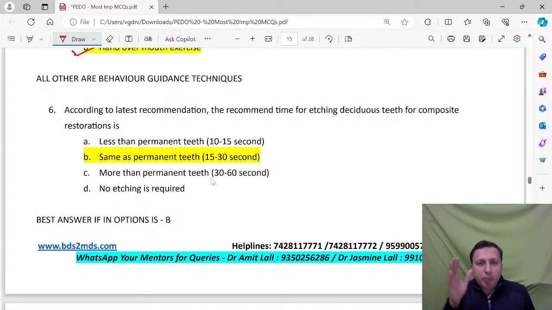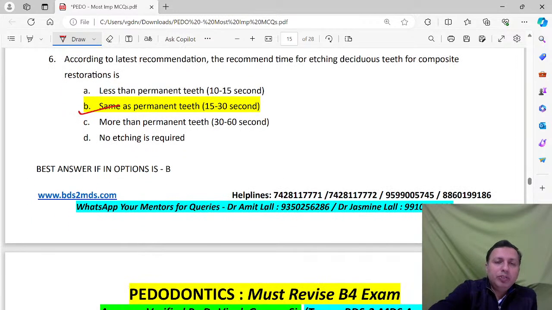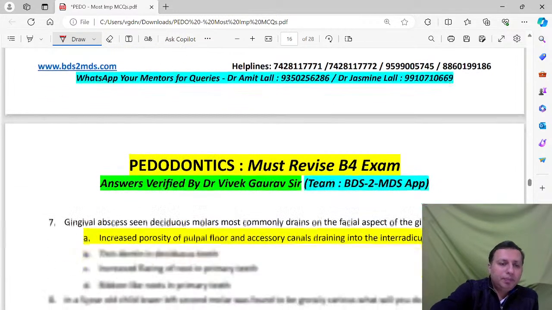It will not in any way affect the bonding on the primary or the permanent teeth. So if you increase the etching time, that will not help in any way in the bonding process. The effect will be the same. So there is no point in doing more etching in the primary or less etching in the permanent teeth. So they say that it should be the same as that of the permanent teeth, and that is 15 to 30 seconds.